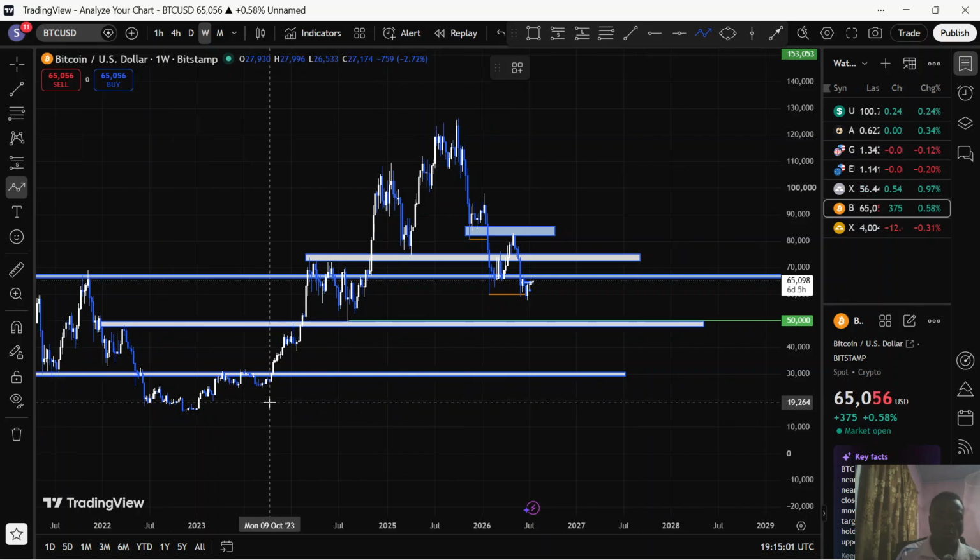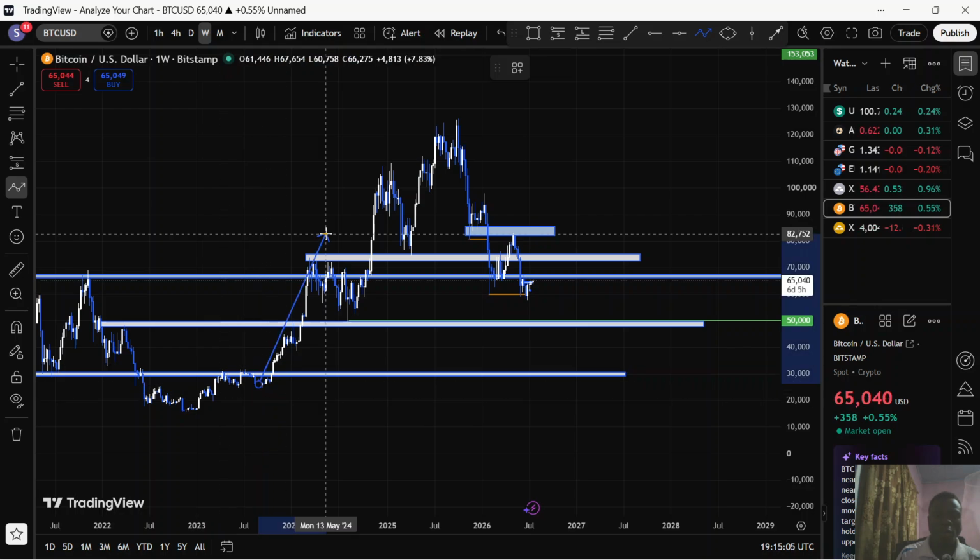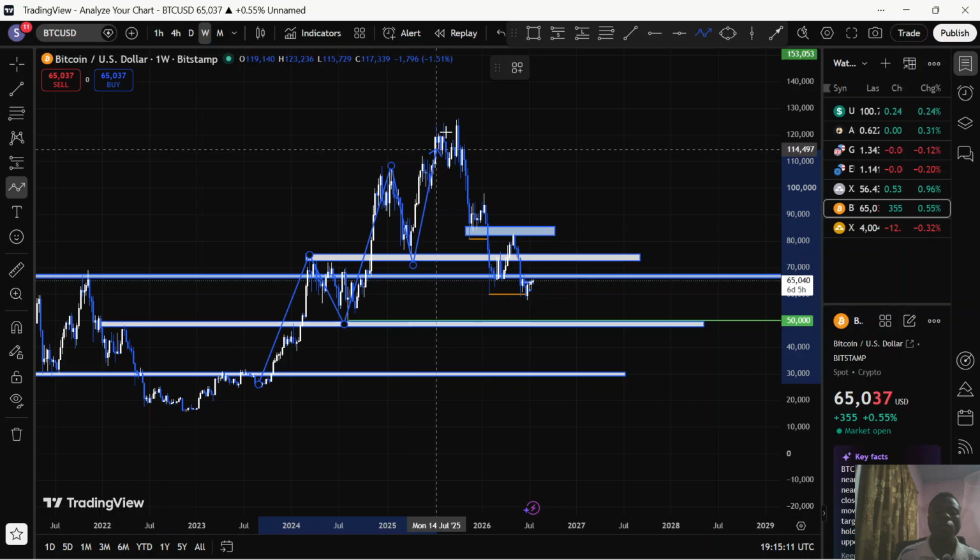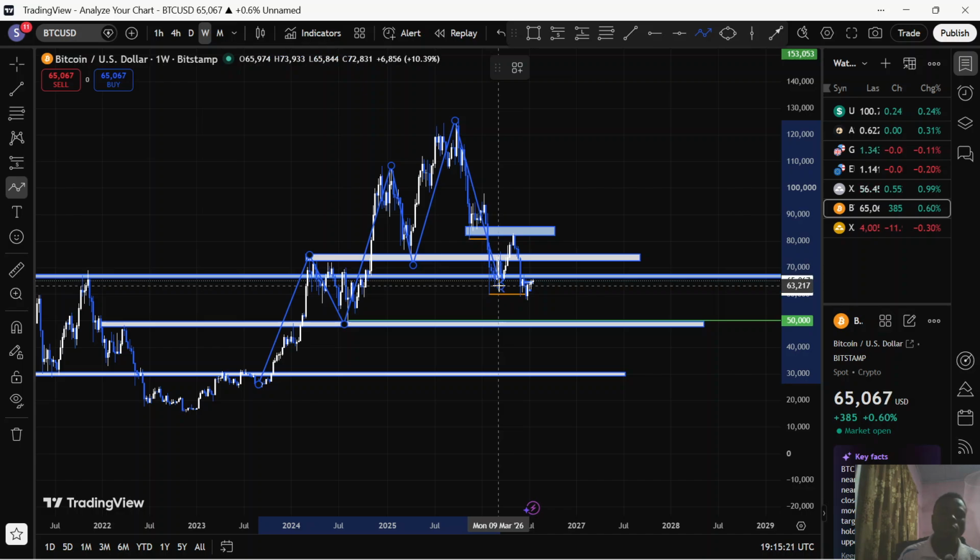We have higher high, higher low, higher high, higher low, higher high. Take note here. Change of character, telling us that we are now moving from an uptrend to a downtrend.